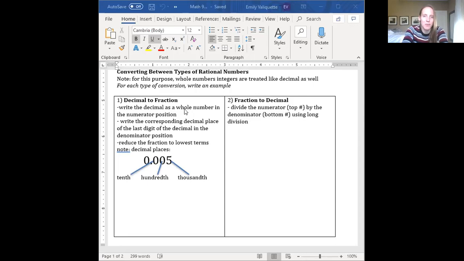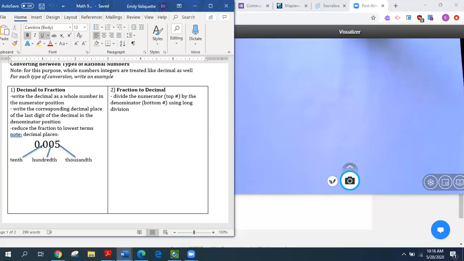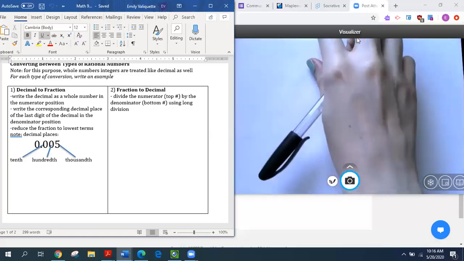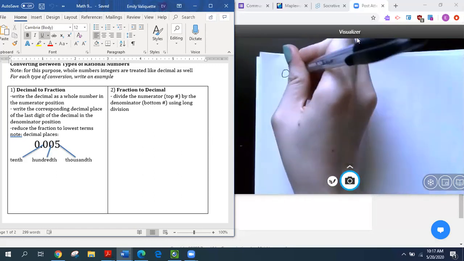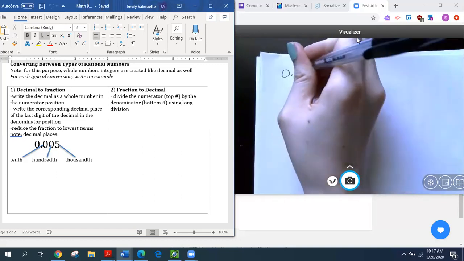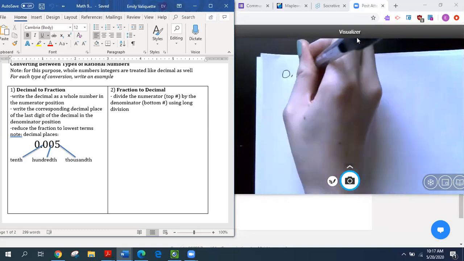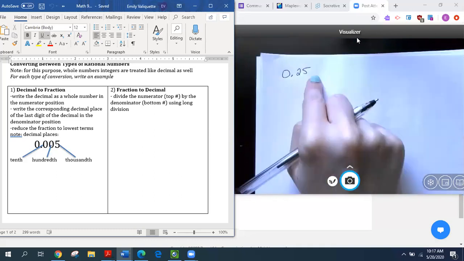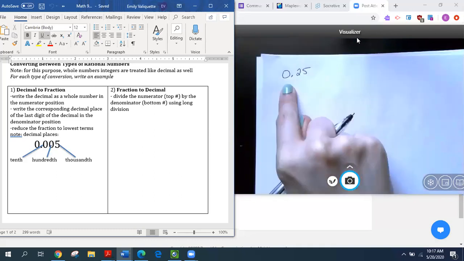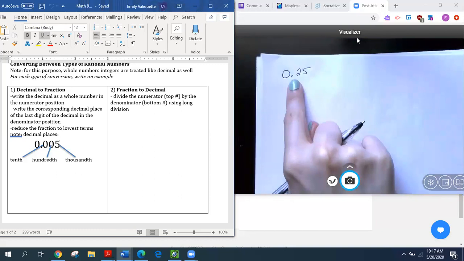So let's go over a couple examples of what that would look like, and make sure you copy these examples down. Okay, so let's start with the decimal 0.25. If I want to turn this into a fraction, you might just know what 0.25 is as a fraction, and if so, great, write it out.